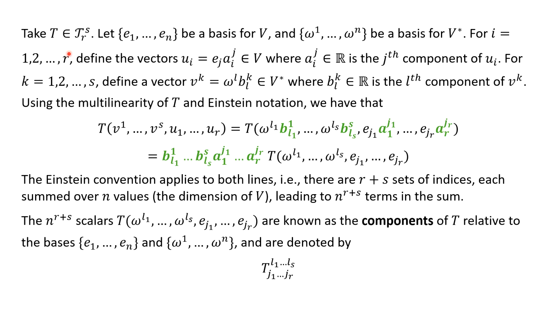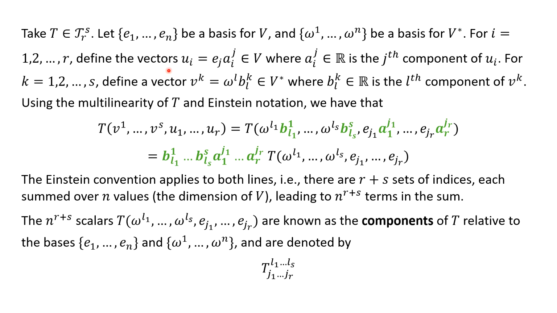Okay, so let's go through this in detail. We take any element in our tensor space, so it has R instances of the vector space V and S instances of the dual of V. And then E1 to En is the basis for V, and since the vector space and its dual are isomorphic, you have the same number of vectors in the basis for V star.